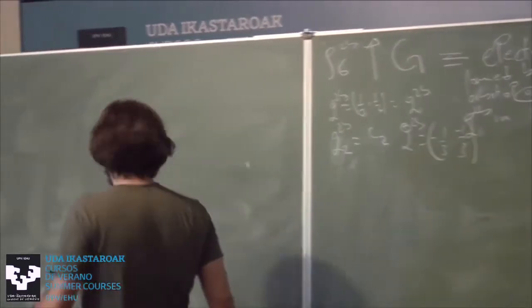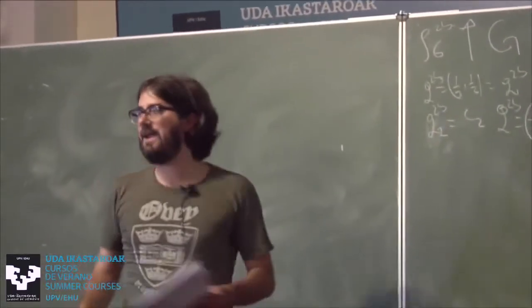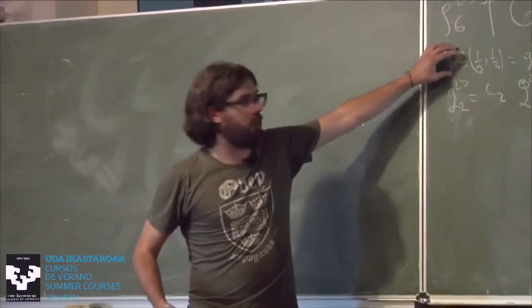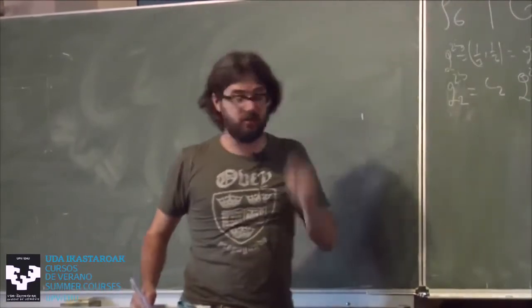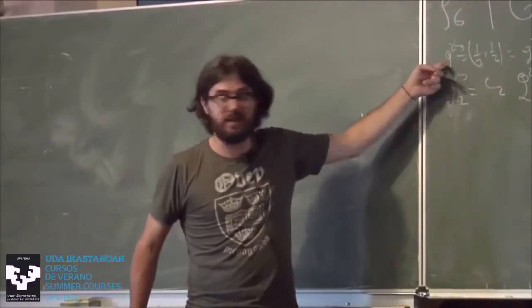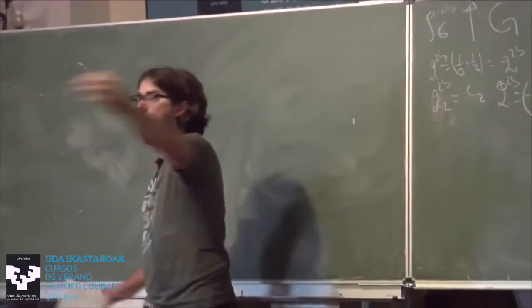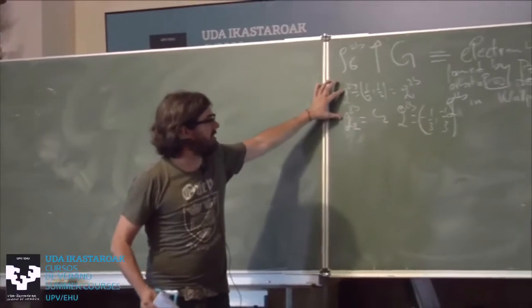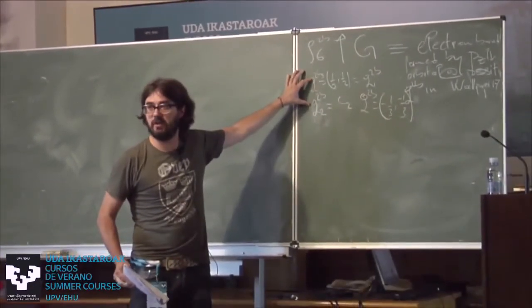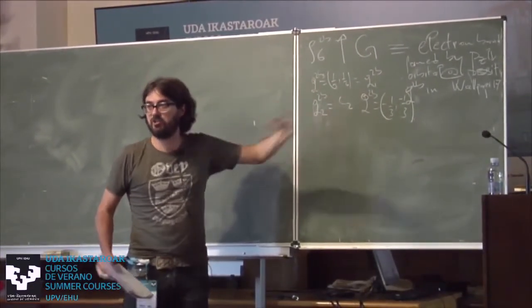Okay? And I claim that just by knowing the orbitals on this site, I can build the whole representation here. Well, that's obvious, because knowing the orbitals on this site, I must have the same orbital on this site. And then I just translate it all across the lattice. These two sites in the Wyckoff position form a unit cell, and I just translate the unit cell.